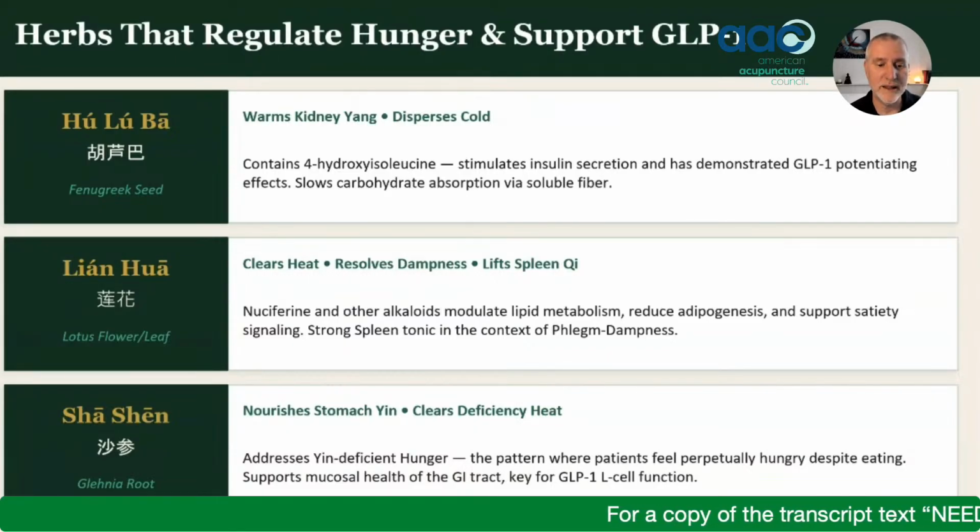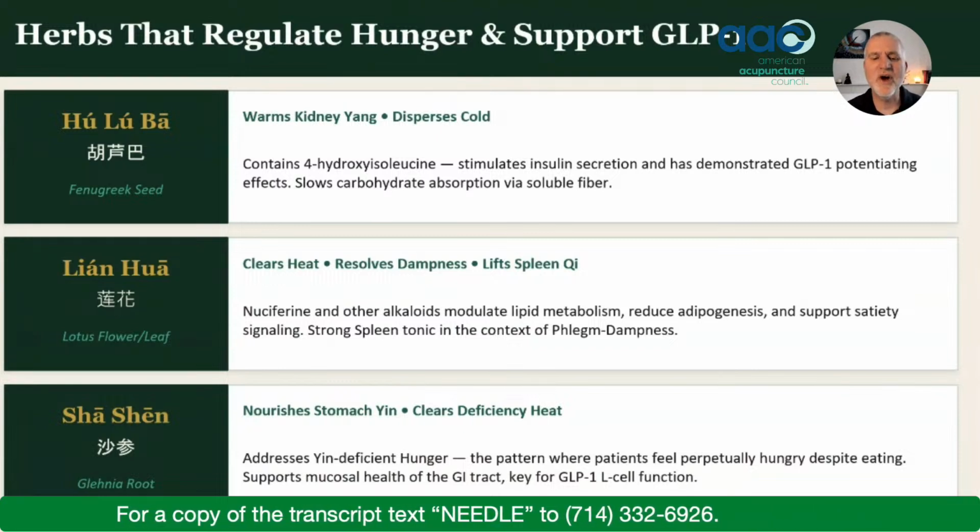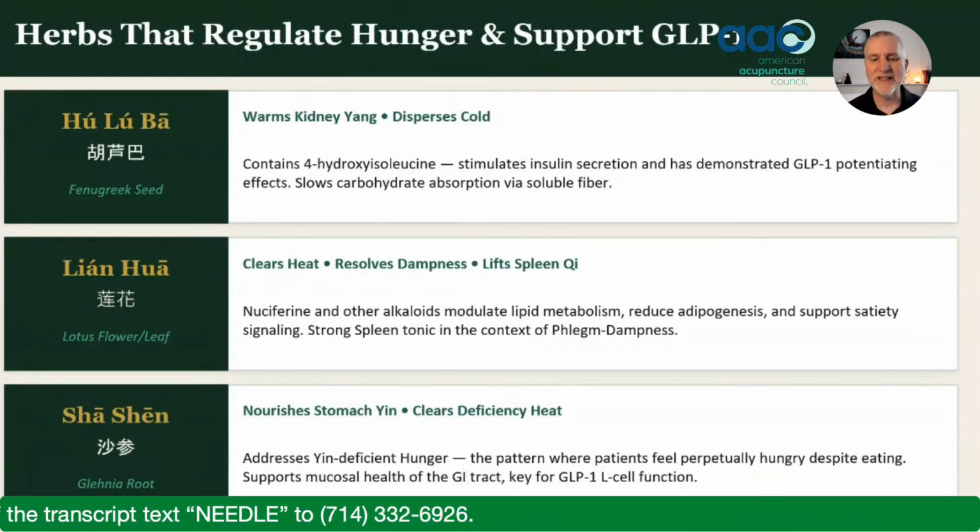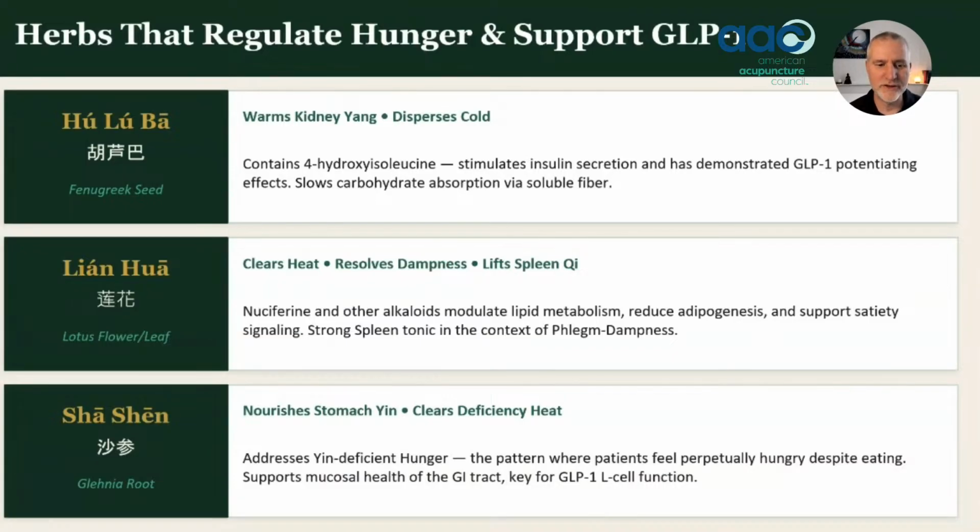And it really pertains to this feeling of perpetually feeling hungry despite eating. And it supports the mucosal health of the GI tract, which is key for GLP cell function. So supporting the mucosal part of the GI tract is very important. It has a very strong relation to GLP-1 function.